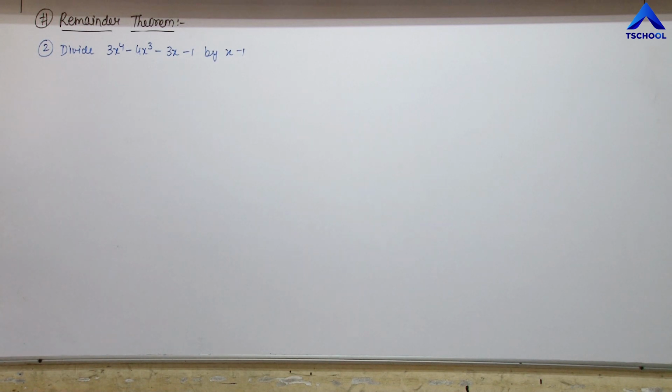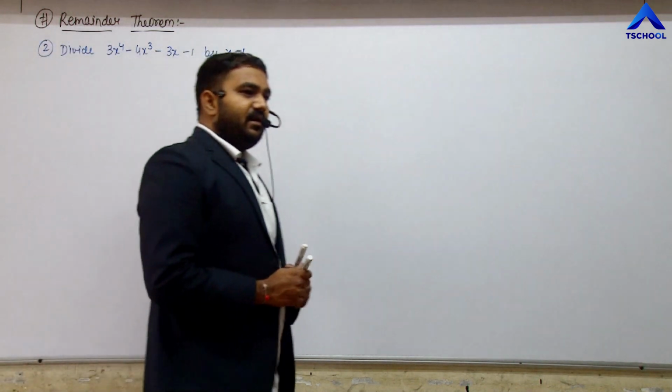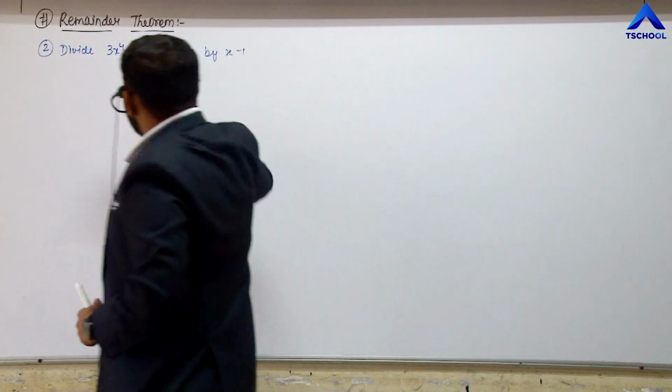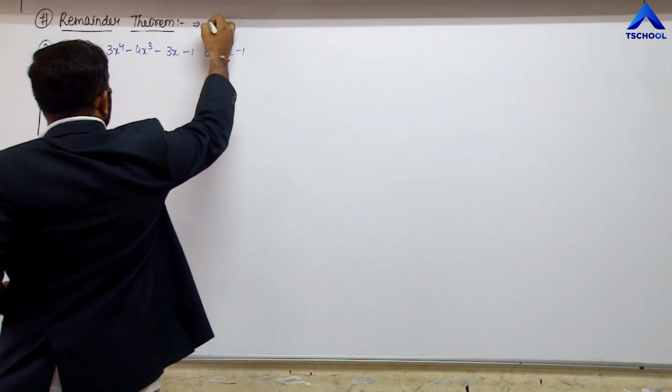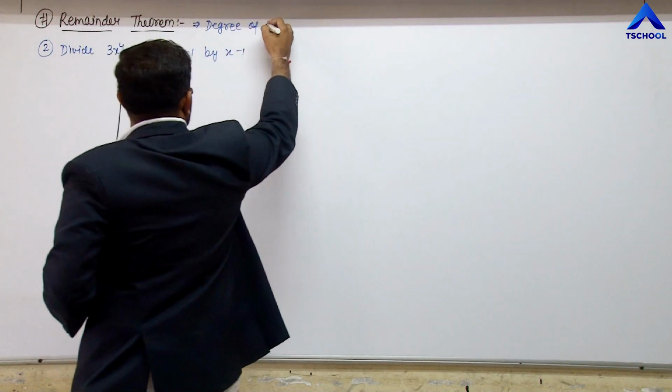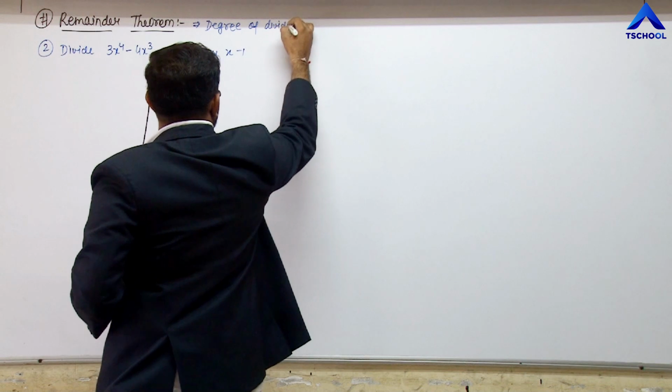Now one more thing let me add here is, whenever we are dividing two polynomials, at that time you must note that always the degree of the divisor polynomial is always less than that of the dividend polynomial.